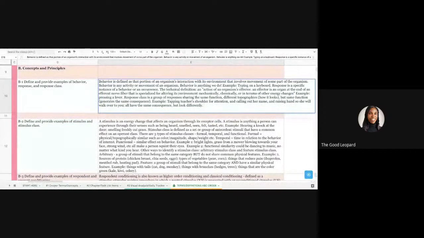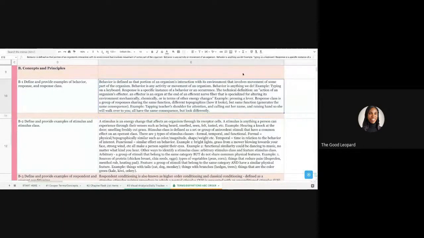Let me edit that real quick. There's no way I'd ever be able to memorize that in my entire life. Not happening. It's also a single. I think it's crucial that you say single, right? Single instance of behavior.